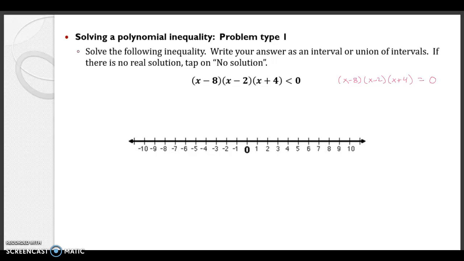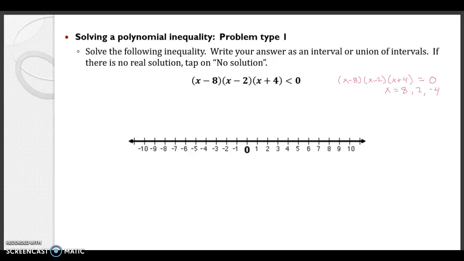but I'm going to check where it's equal to 0, because wherever it's equal to 0, I can check in between those points and find if it's above or below the x-axis. So the important points we're going to check are 8, 2, and -4.